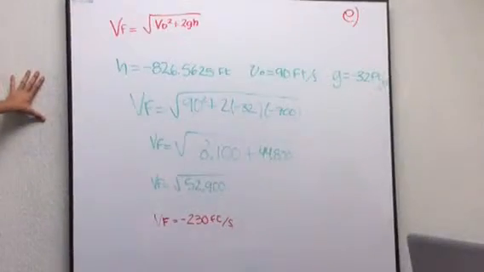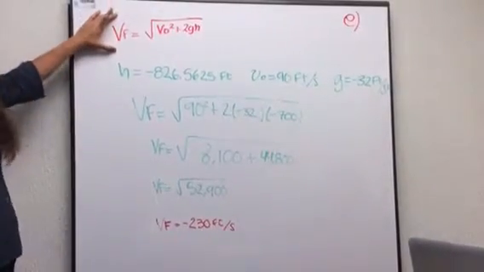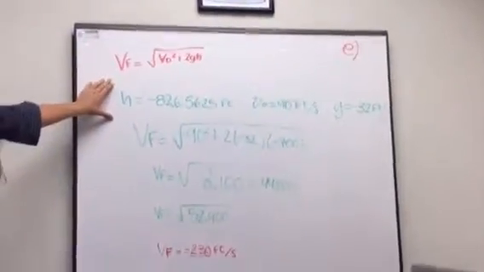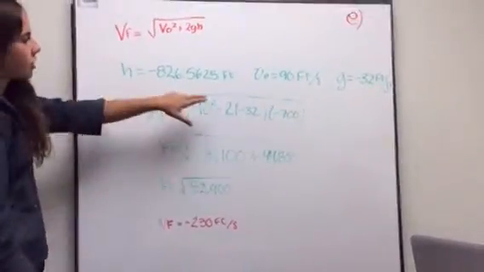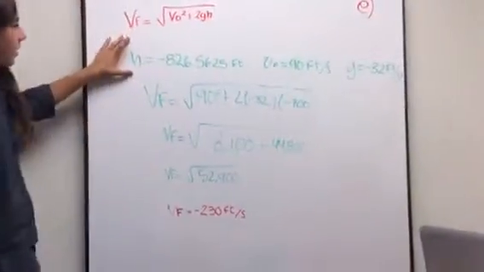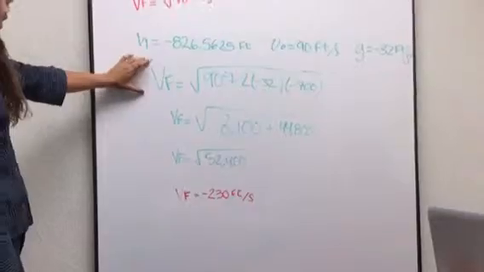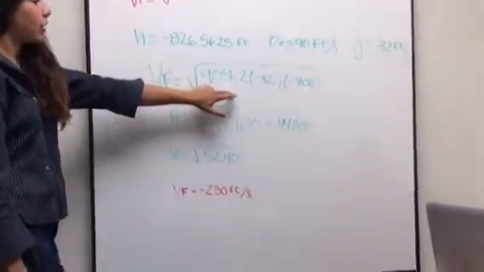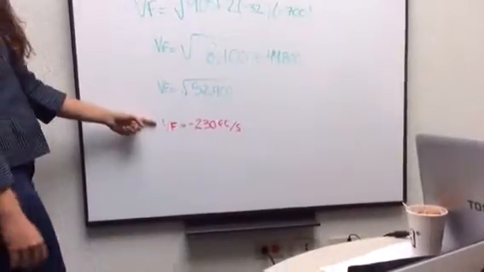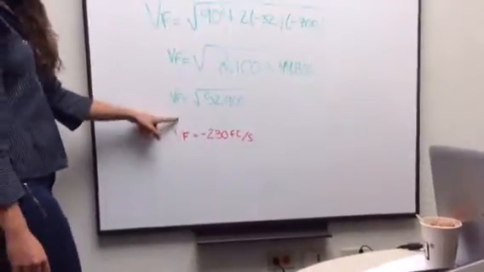For this question, we are going to use the formula of final velocity, that is this. We know that the values of h, v0, and gravity are these, and we have to substitute them in the velocity equation. Then we solve, and we know that the result of final velocity is this.